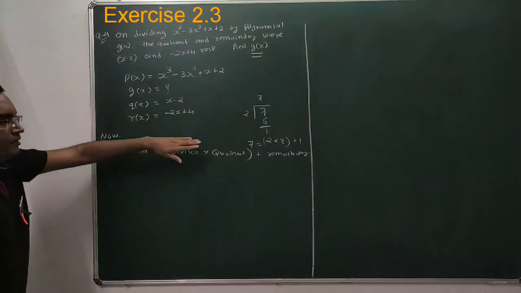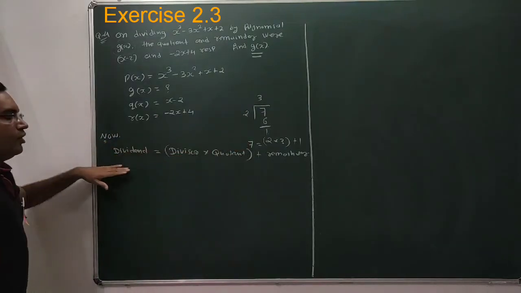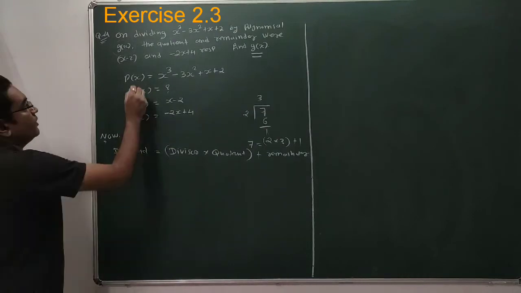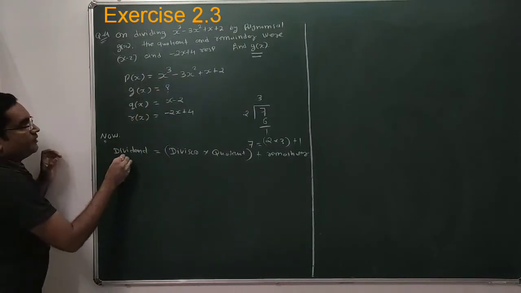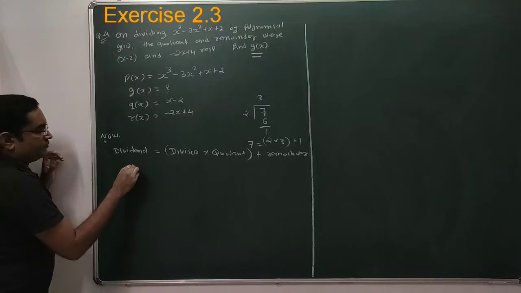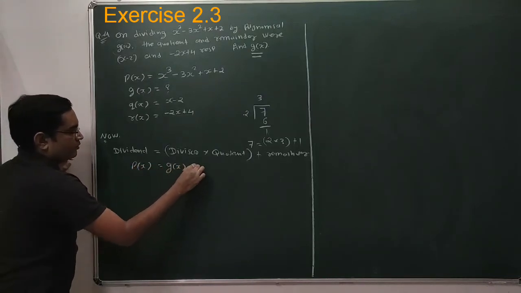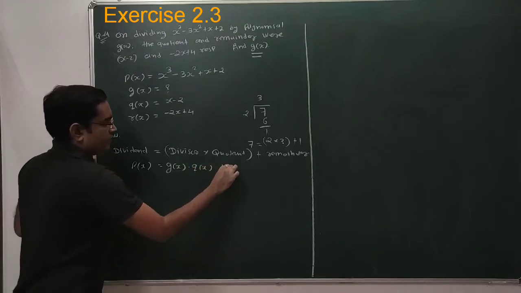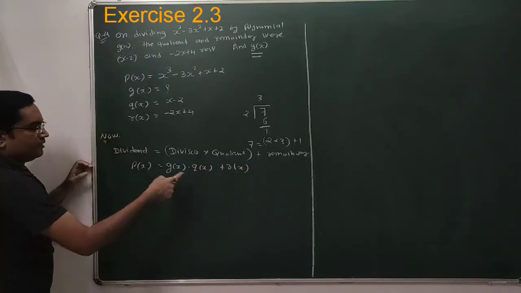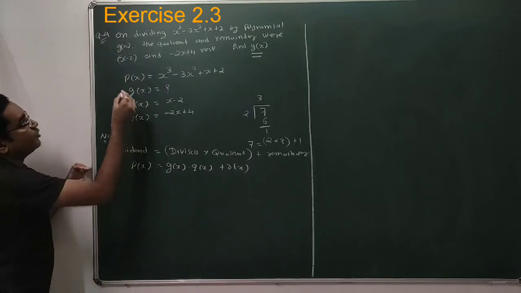So this will also be true for polynomials. Here the dividend polynomial is given, this one, the dividend polynomial is p of x. Or we can write this as p of x equal to g of x into q of x plus r of x, done in terms of polynomials. What is our p of x?